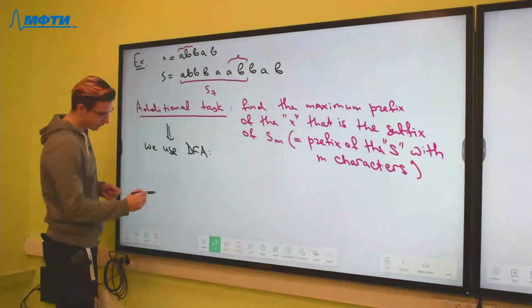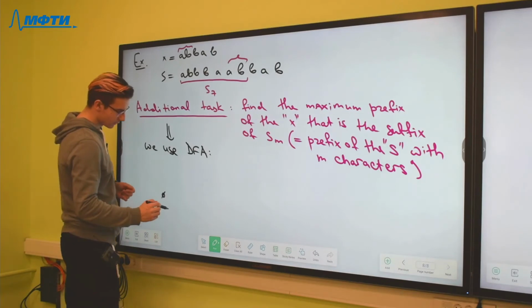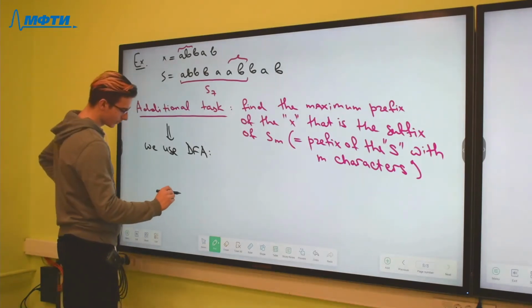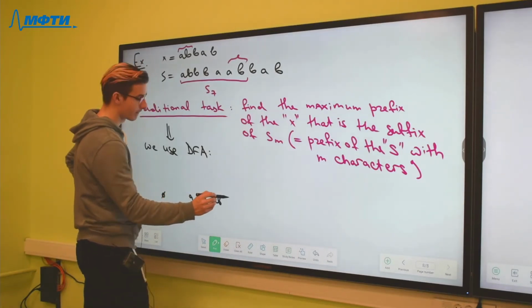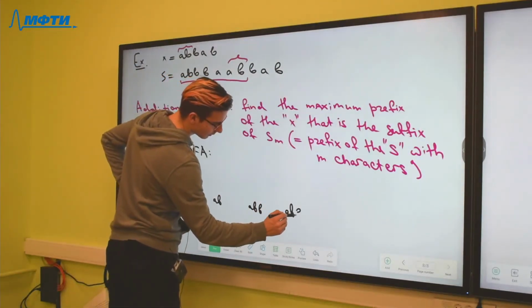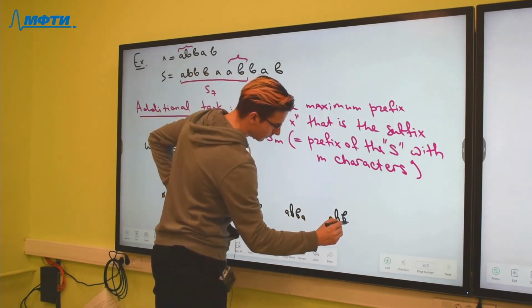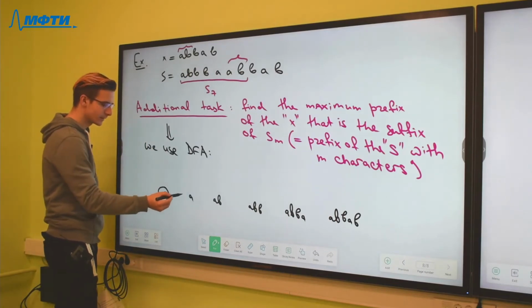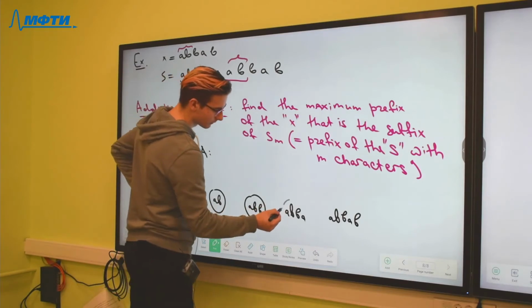For example, we have the 0 prefix, we have prefix A, AB, ABB, ABBA, ABBAB. And these are the states of the DFA.